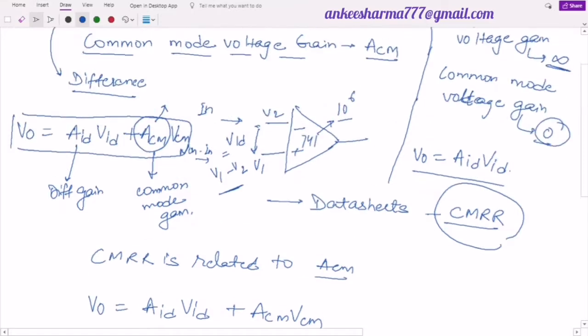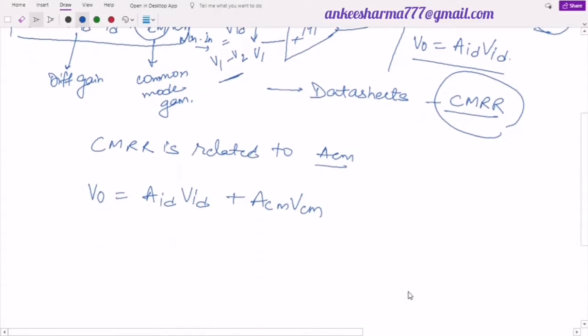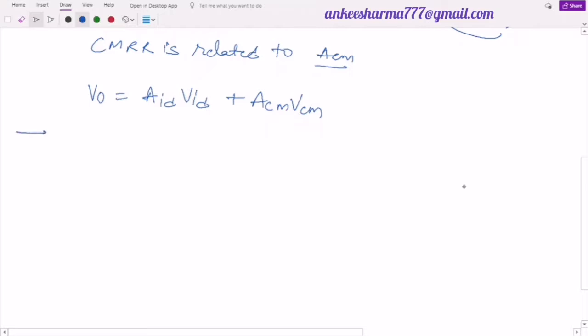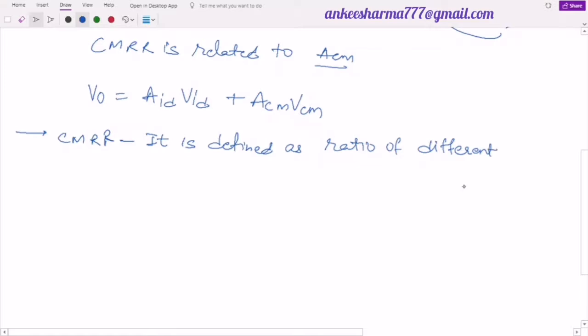So now, as per our definition, if I write here the definition of my CMRR, it is defined as a ratio of differential voltage gain, in the bracket I will write here AID, to common mode voltage gain.